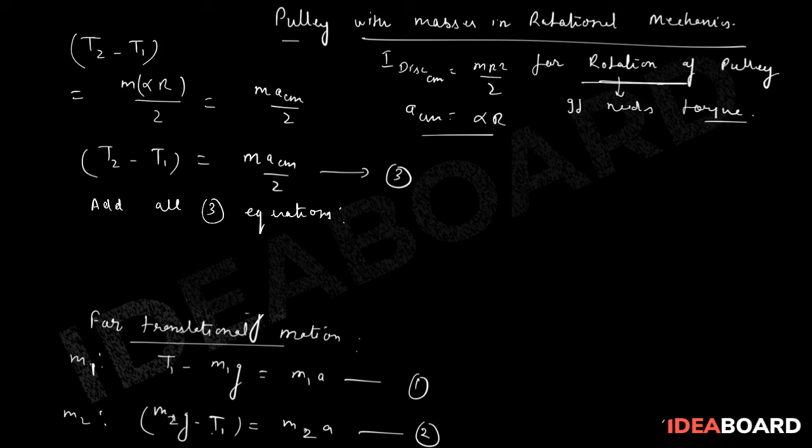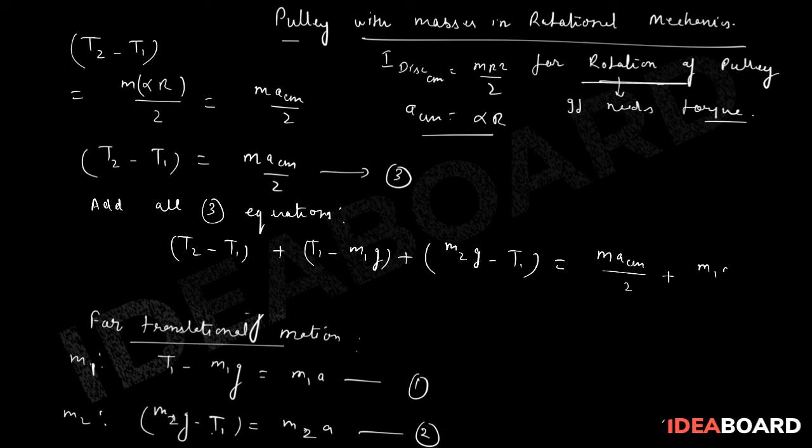If we do that, then we will get T2 minus T1 plus T1 minus M1G plus M2G minus T2 is equal to M A_CM by 2 plus M1 into A plus M2 into A, correct?